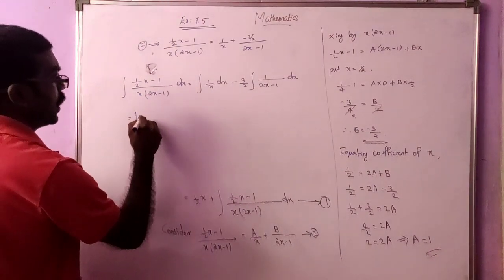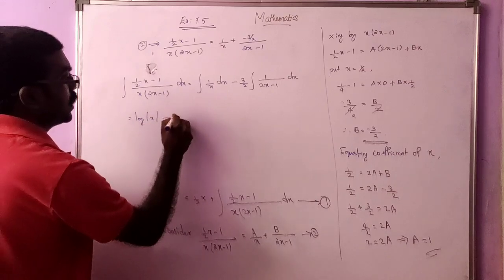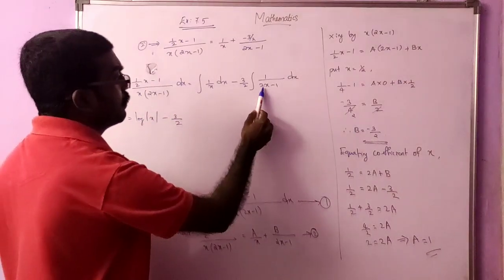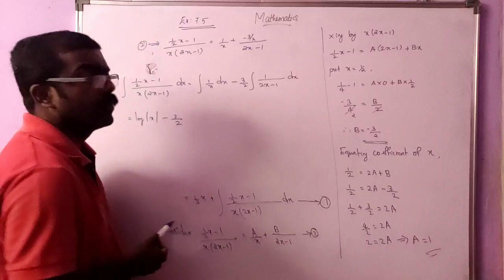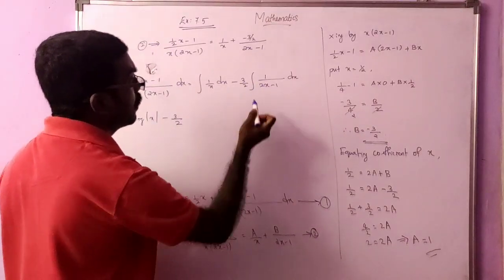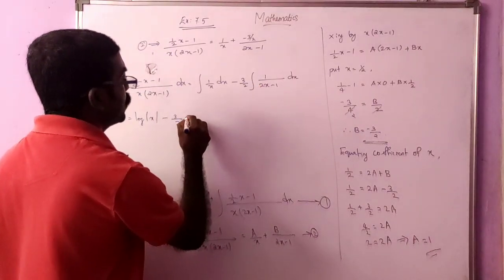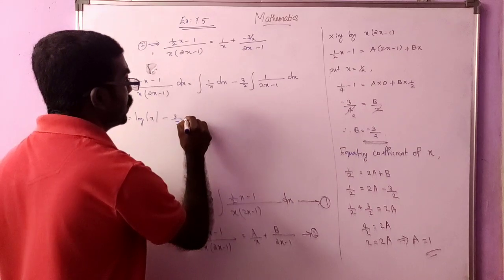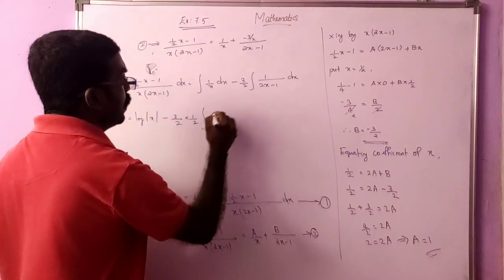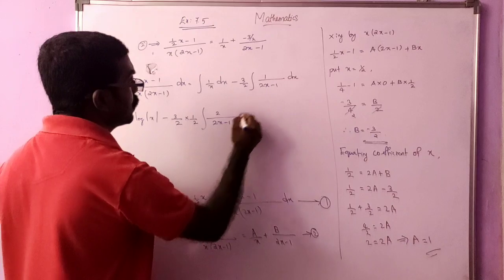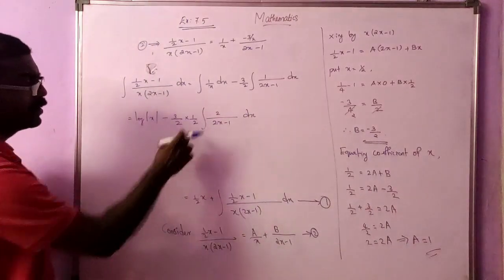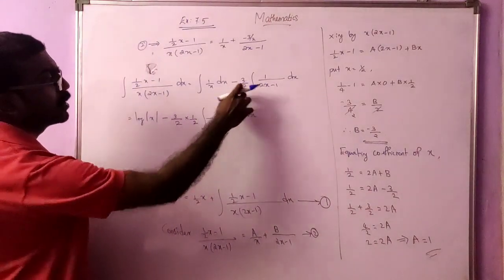First one is log mod x, then minus 3 by 2 into, here the derivative of denominator, it is 2. But we have 1 on the numerator, so we can multiply and divide by 2 on numerator and denominator. So 1 by 2 into integral 2 by 2x minus 1 dx. This 2 and 2 get cancelled, we will get the same result.